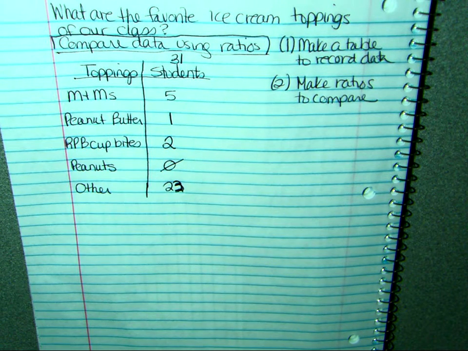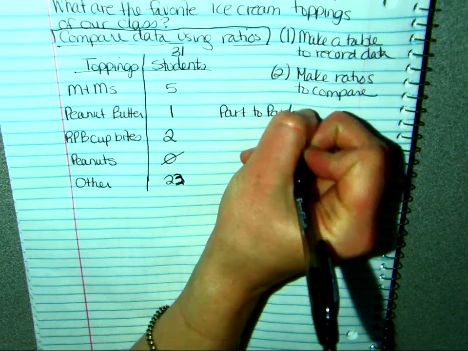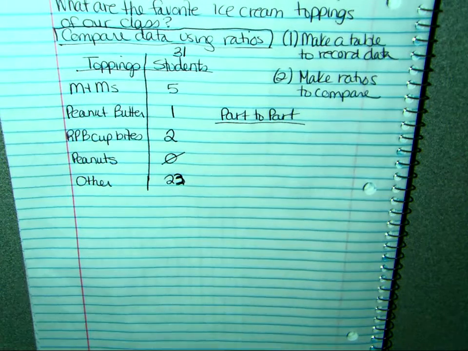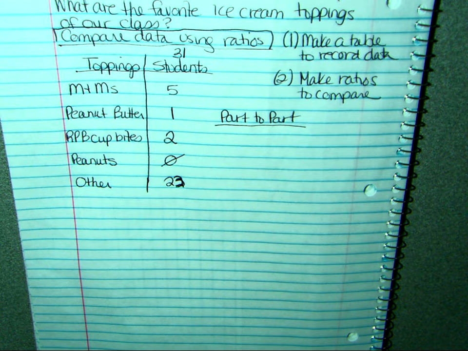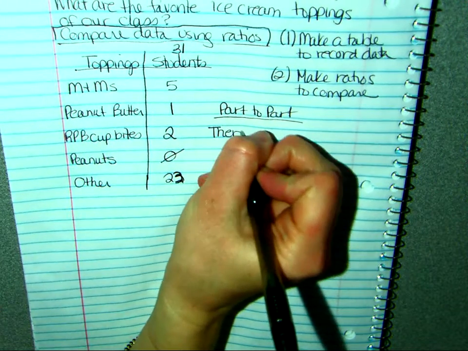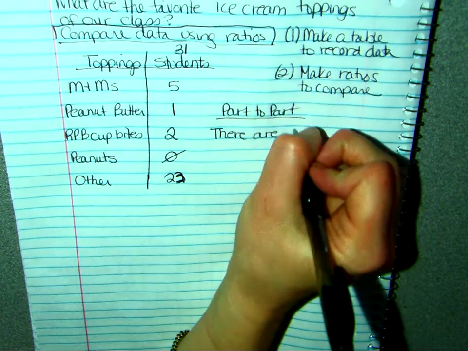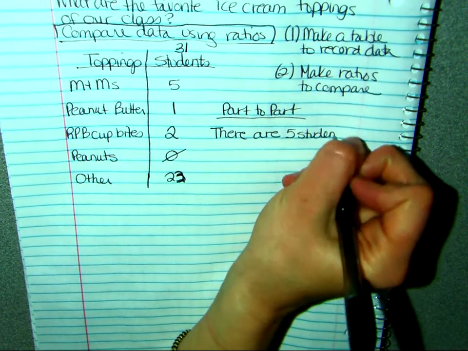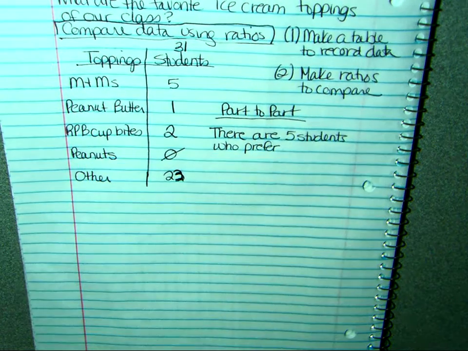Now that we have our data, let's start looking at ratios. The first ratio we're going to do is part to part. Can somebody give me a ratio using our data comparing two parts of our data? Yes, Tristan. M&M's to peanut butter. All right, so we're going to say there are, Tristan, how many M&Ms? 5 students who prefer, by the way, I will not write everyone out this long.